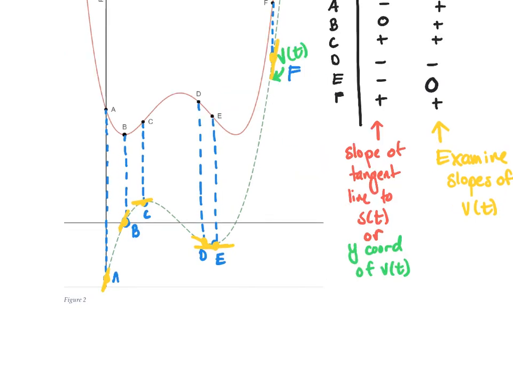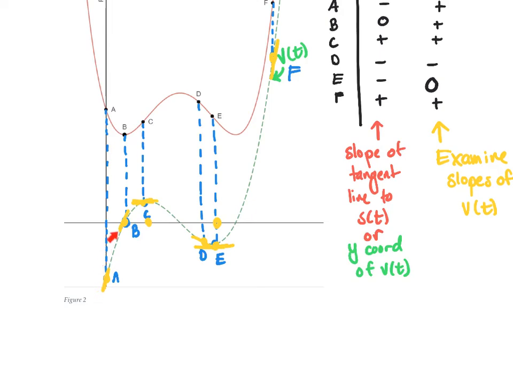So the next thing that we're asked to do is draw the acceleration graph. So the acceleration graph should be the derivative of my velocity graph. So I'm looking at my velocity graph, and I'm going to first determine where my velocity is 0, and those are going to become the x-intercepts of my acceleration graph. Then I'm going to look at the velocity graph.